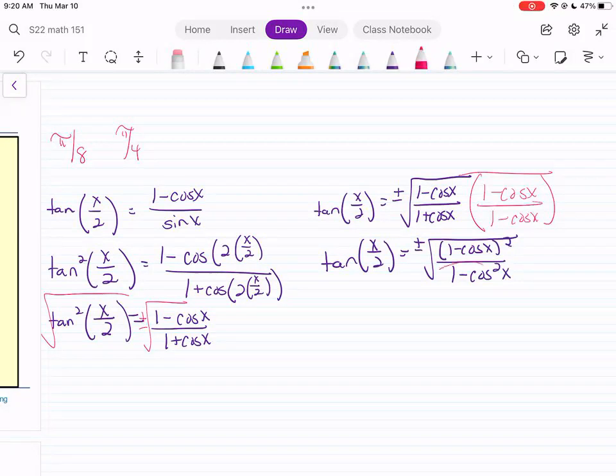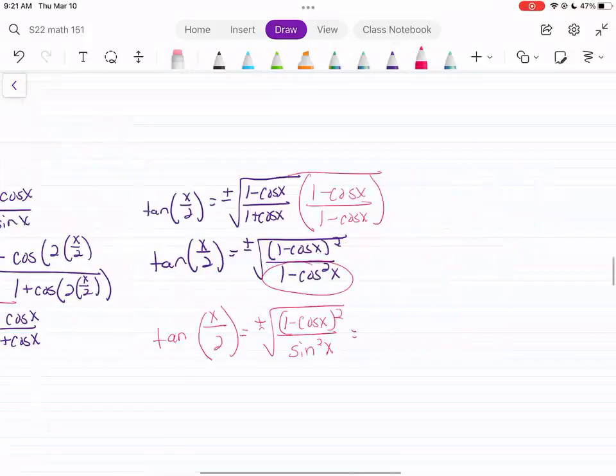Remember that this is equivalent to sine squared of x. So we have the tangent of x over 2 equal to plus or minus the square root of 1 minus the cosine of x, squared, over sine squared of x.